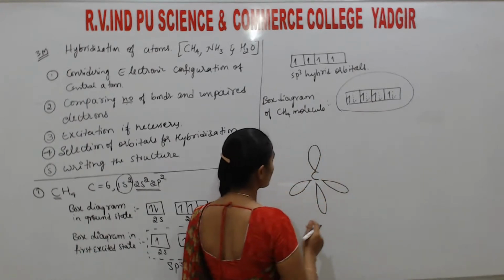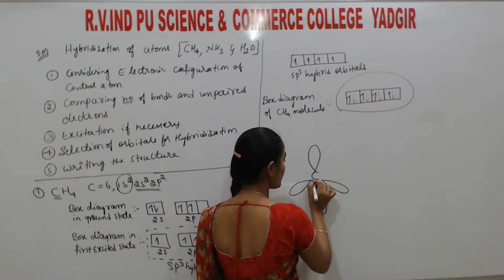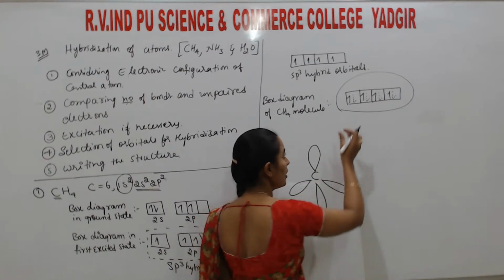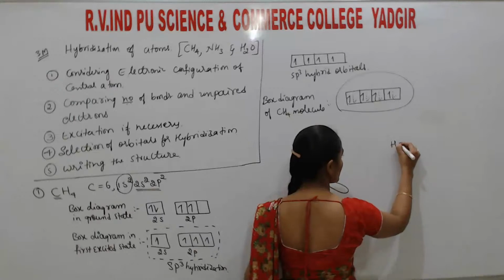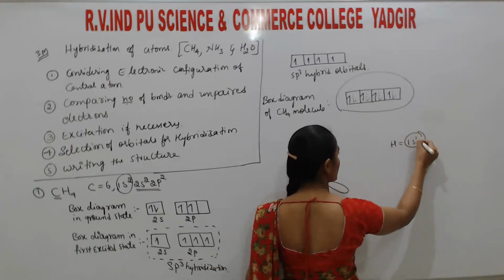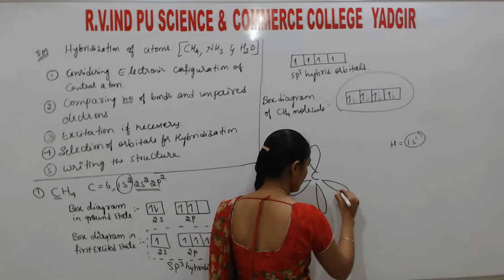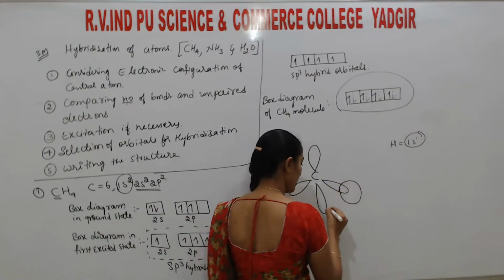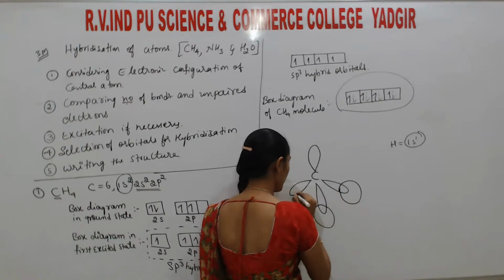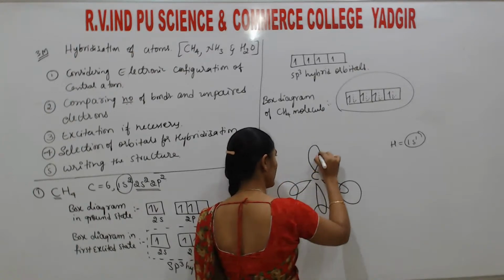Okay, next. So students, the carbon having sp3 hybrid orbitals. Now the bonded atom here is what? Hydrogen having valency 1s1, that is s orbital. Means here hydrogen atoms having a spherical shape are bonded like this.